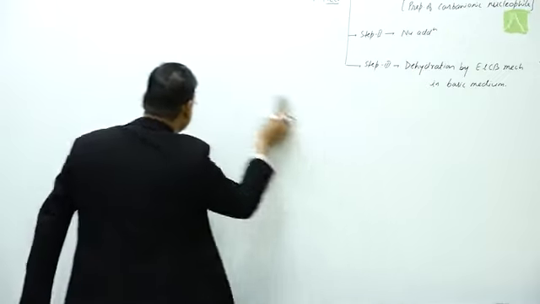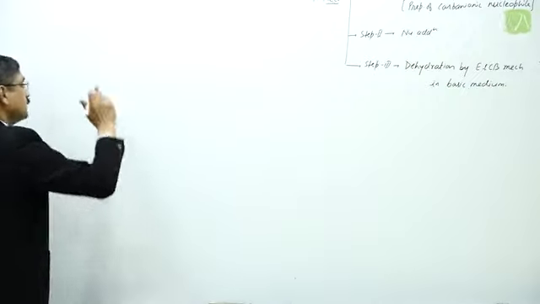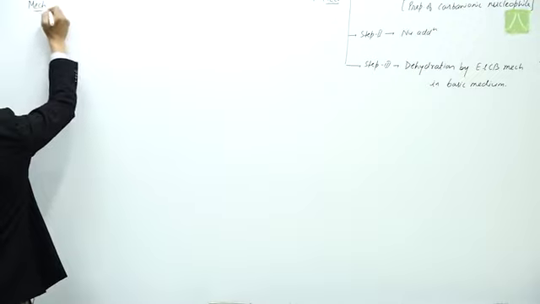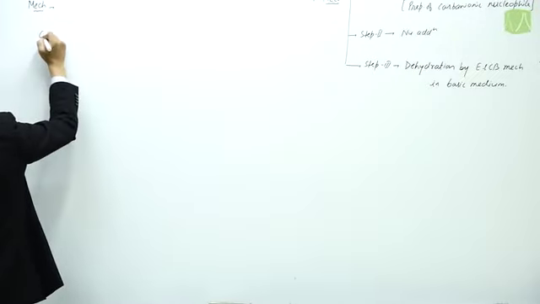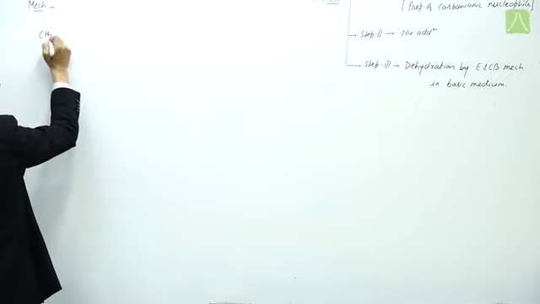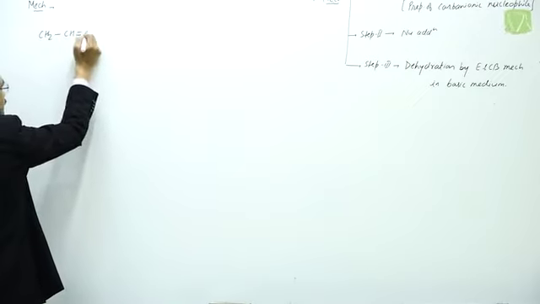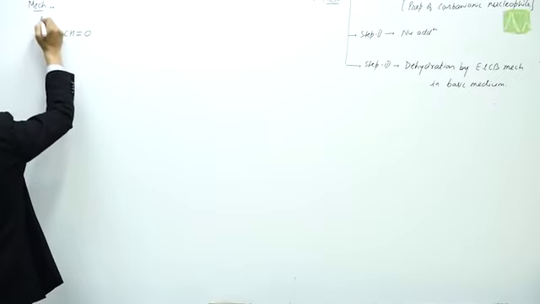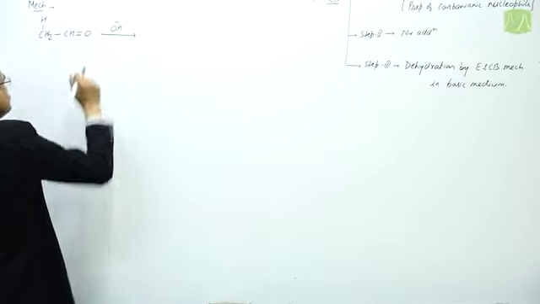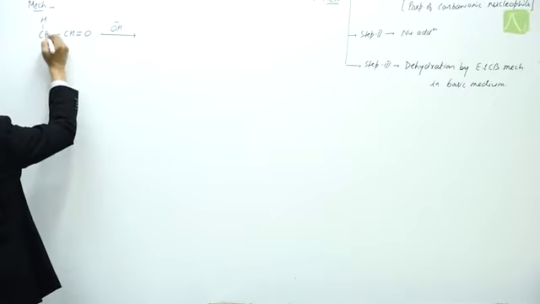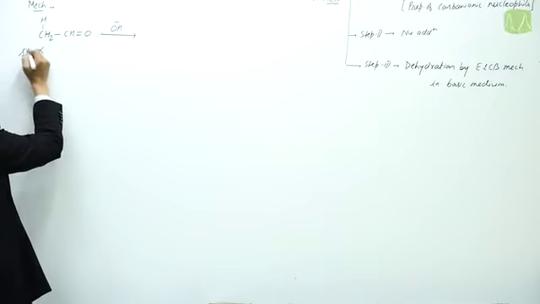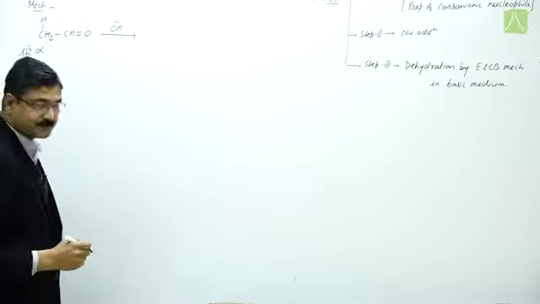Now I write the mechanism. Suppose I take CH3CHO in basic medium, dilute base. So this carbon is alpha carbon and it is sp3 and hydrogen is also present.